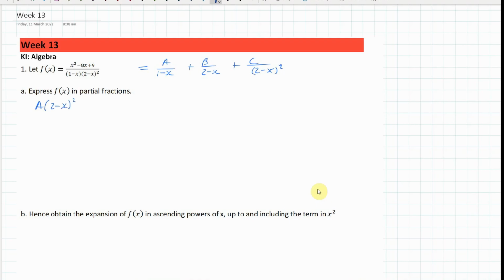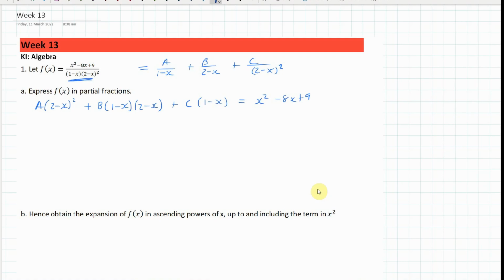It's a squared here, isn't it? Then I'm going to times the b numerator by both 1 minus x and another 2 minus x. And that would give me this here. And then the c numerator I'm going to just multiply by 1 minus x. Now, this will give us x squared minus 8x plus 9.